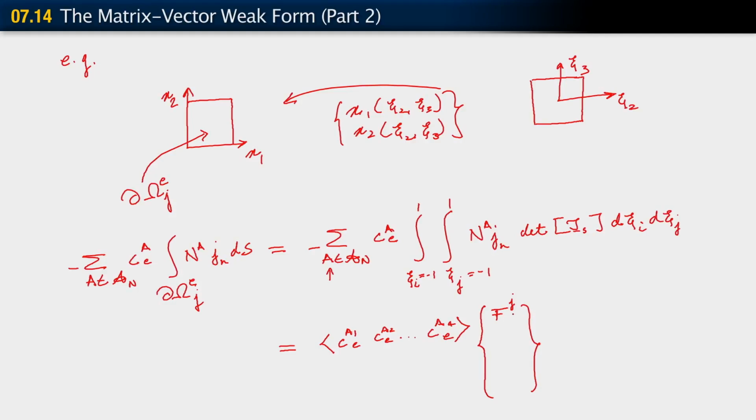So f sub j a1, f sub j a2, f sub j a4. Okay, and this holds for a1 to a4, belonging to that set An.